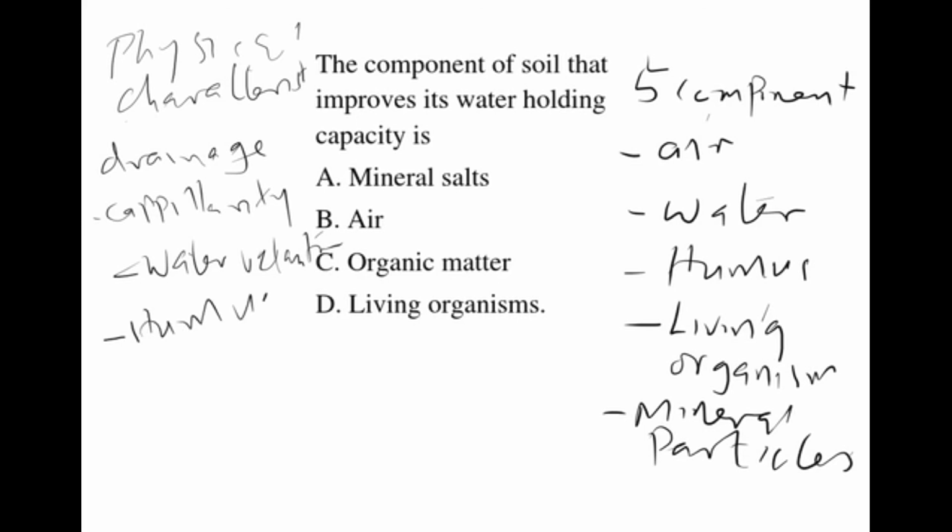Humus is the one that improves the physical characteristics of soil. This humus is also called organic matter. Therefore, the correct answer is organic matter, which improves the physical characteristics of soil, that is drainage, capillarity, retention, and also the texture of the soil.